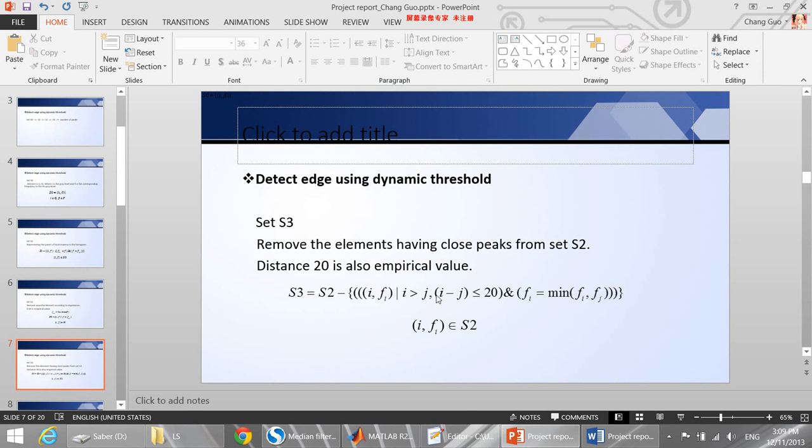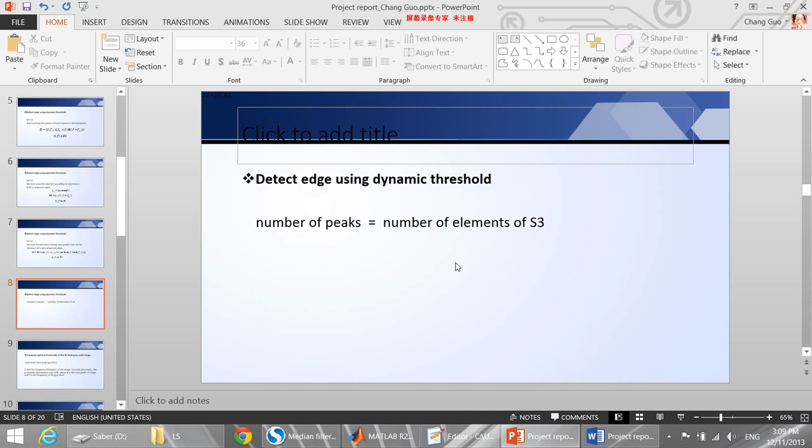Also, this number 20 is an empirical value based on experiments. After computing S3, we can get the number of peaks. It equals the number of elements in S3.